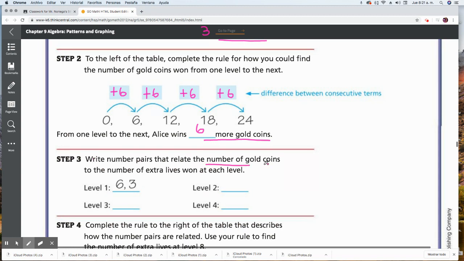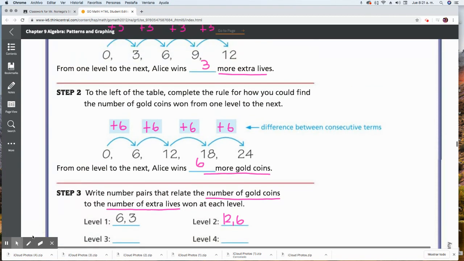The number of gold coins goes first. The number of extra lives goes second. So level 1, 6, 3. Level 2 would be 12, 6. Now level 3.